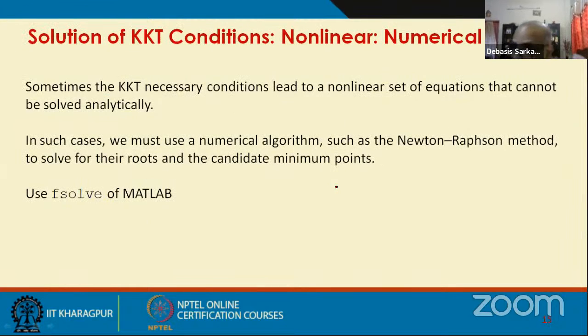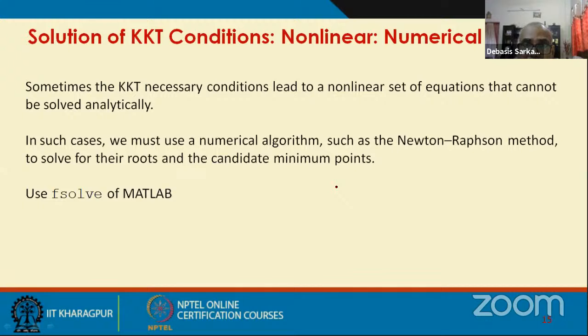Okay, so now we'll take up a problem where it may not be possible for us to solve the KKT conditions, or the conditions coming out of the Lagrange multiplier methods, analytically.